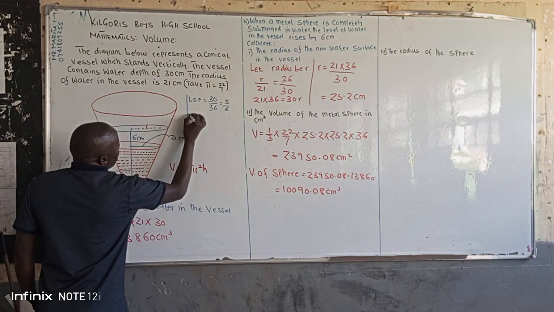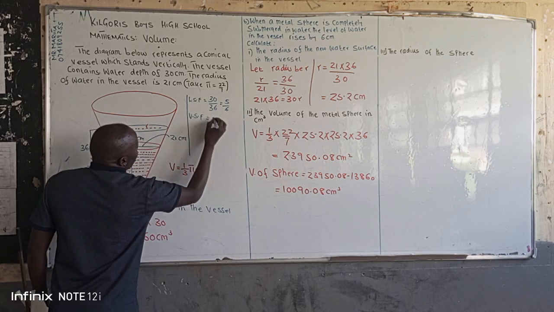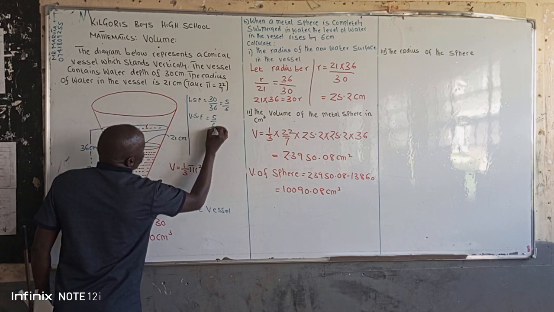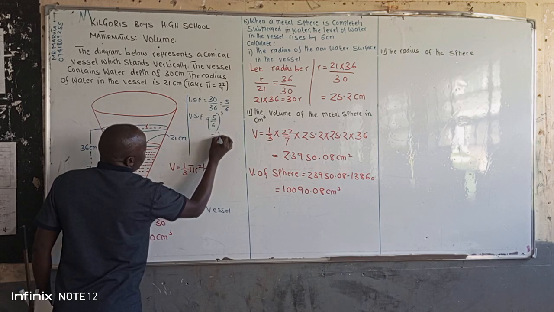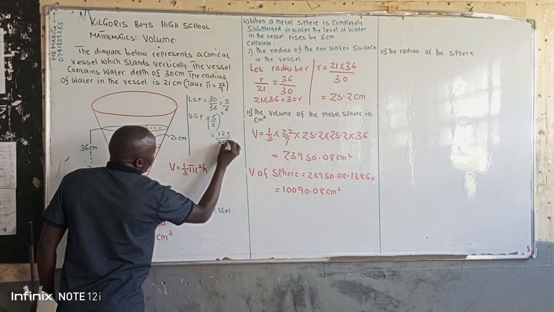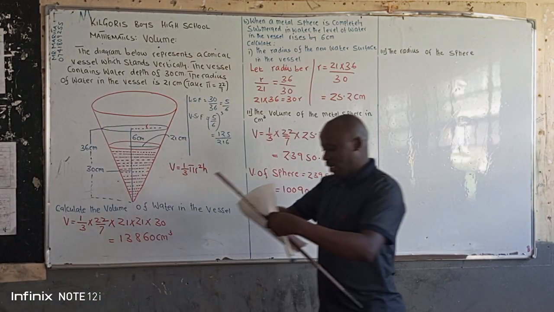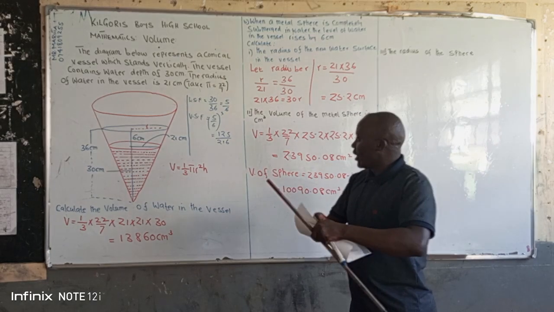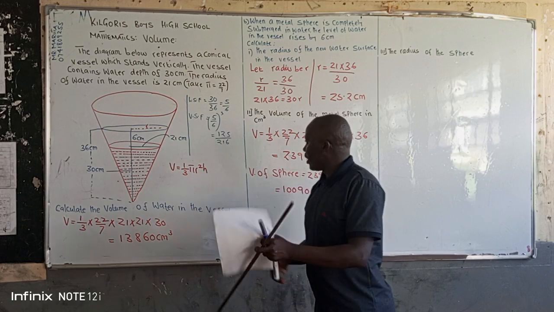Then you get the volume scale factor. This is 5 over 6, you cube that one, and that gives us 125 over 216.